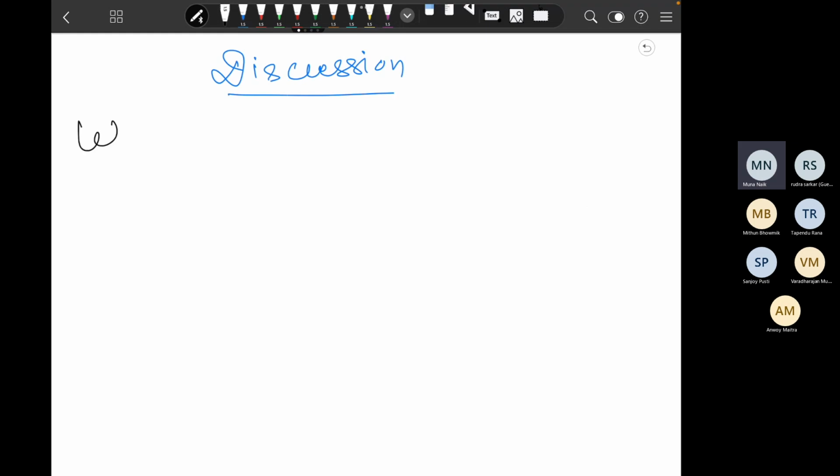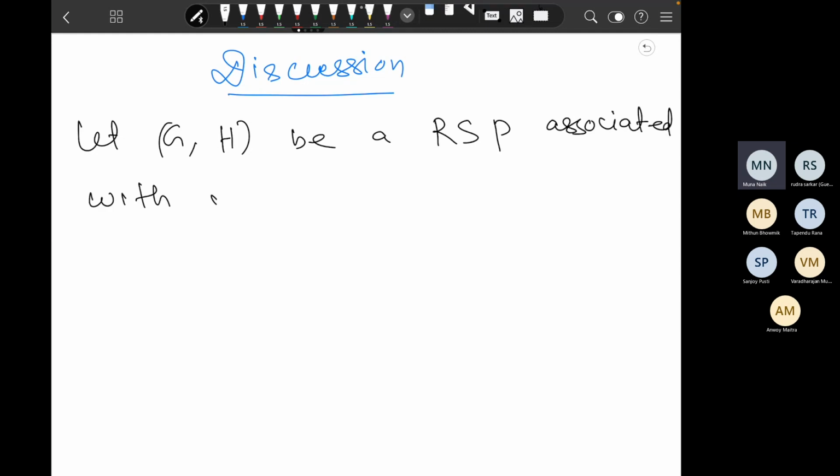So discussing that, let (G, H) be a Riemannian symmetric pair associated with the involution sigma. Now we want to show that this G mod H is a Riemannian symmetric space.